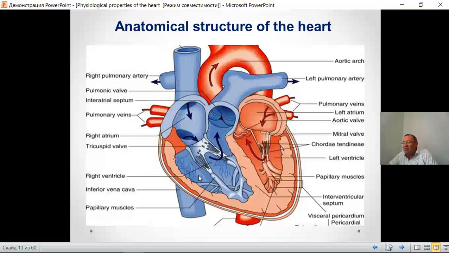Each flap of the valve is attached to strong strands of connective tissue, the chordae tendineae, literally tendinous cords, or sometimes more poetically referred to as heartstrings. There are several chordae tendineae associated with each of the flaps.